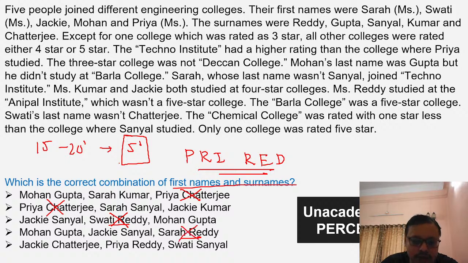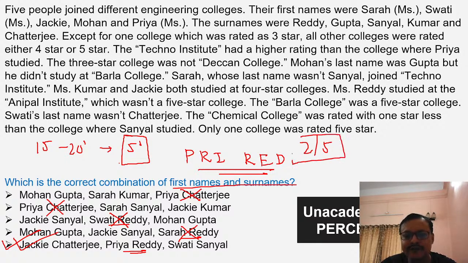Sara Reddy is also incorrect because it has to be Priya, which automatically means there is only one option that is mentioning Priya Reddy, and that is option E. Suddenly you've given yourself 2 out of 5 questions, which means you've already given yourself a +6 despite not solving even 10% of the set.